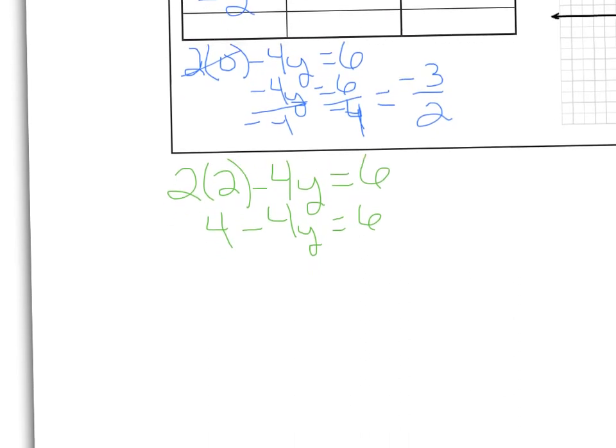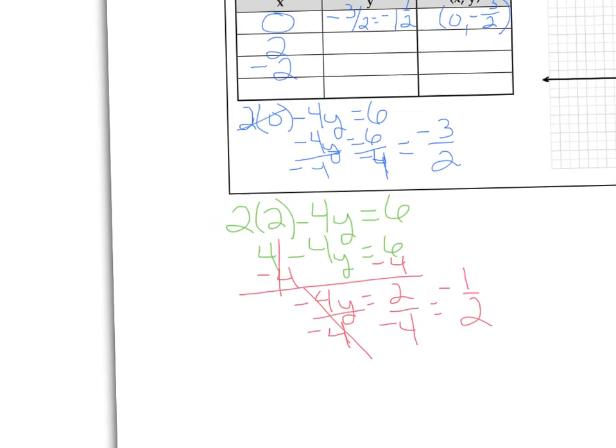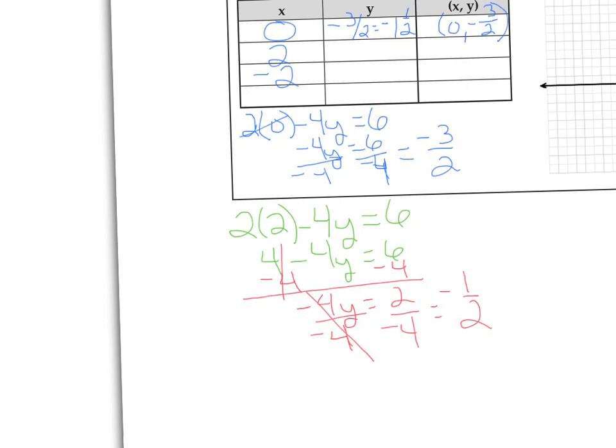So to figure this out, we're going to have to subtract this 4 from both sides because we're trying to solve for this y here. That gives us negative 4y equals 2. We divide by negative 4, and we get another fraction, negative 1/2. So this time we have negative 1/2. So the ordered pair is 2, negative 1/2.